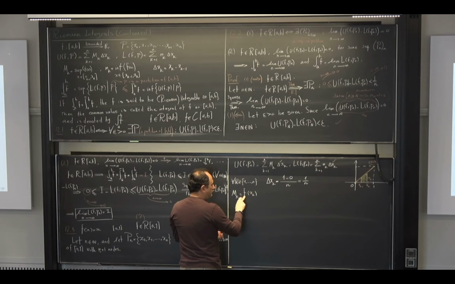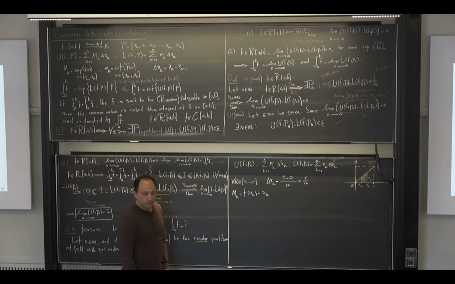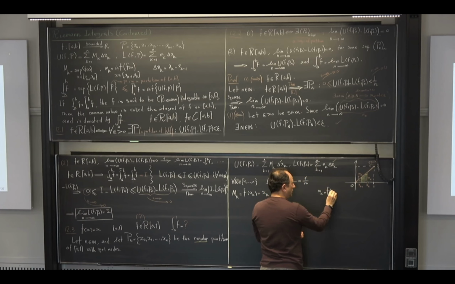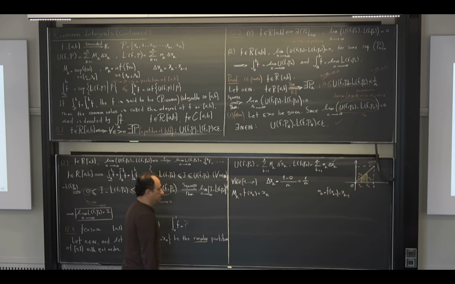But because my function f of x is equal to x, this is nothing except xk. And let us calculate little mk. So what is little mk? Little mk is this one, and that is exactly equal to f of x sub k minus 1.